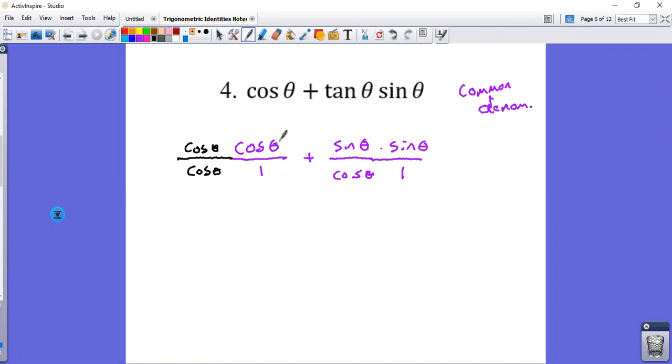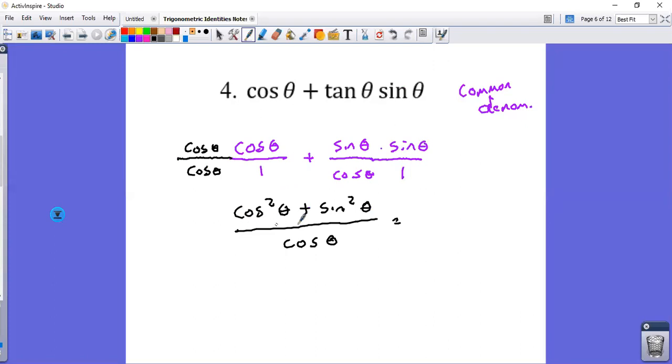Now I can add these 2 together. Well, cosine is cosine squared theta plus sine is sine squared theta over, now my denominators are the same, cosine times 1 is just cosine. Remember, when you add and you have like denominators, that denominator doesn't change, right? And you don't add the denominators together, you just leave it as that common denominator.